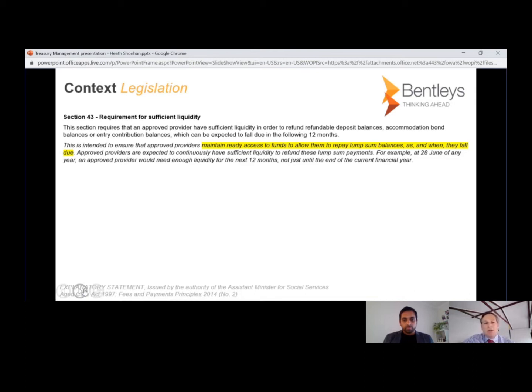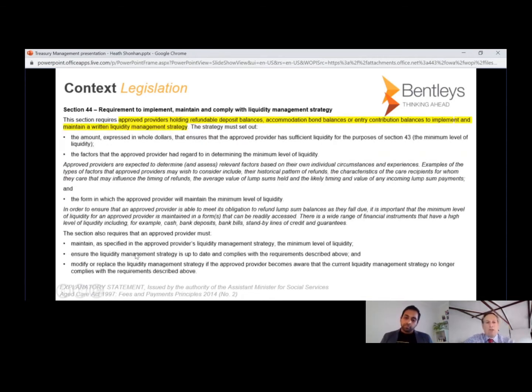One of those requirements that providers have is a requirement for sufficient liquidity. So approved providers must have sufficient liquidity in order to refund accommodation deposits, accommodation bonds, or entry contribution balances that are expected to fall due within the following 12 months. There's no specific requirements or specific formula as to how providers are to do this.